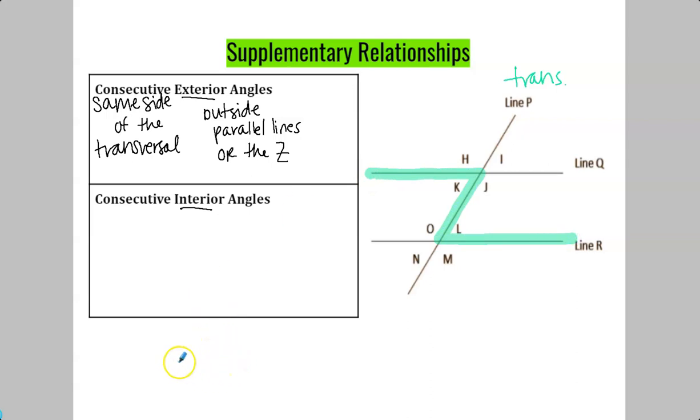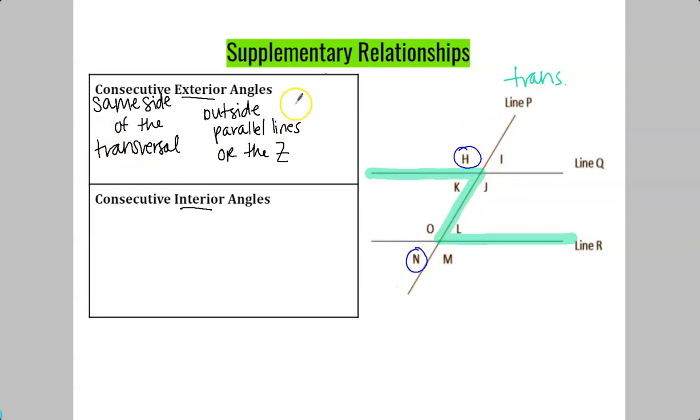All right, and we're looking for exterior, so I need anything that's on the outside of the Z or outside of our parallel lines. That could be H, I, N, or M, but it needs to be on the same side of the transversal. So if I'm talking about H, along the same side of the transversal would be N, and they're both on the outside.